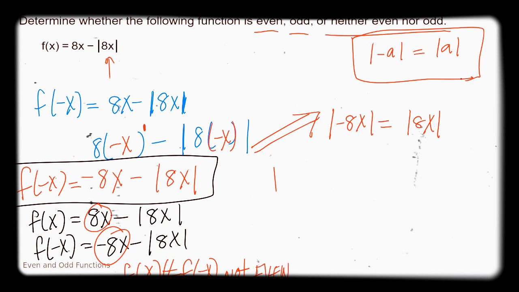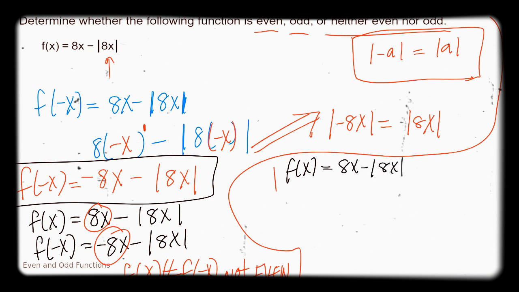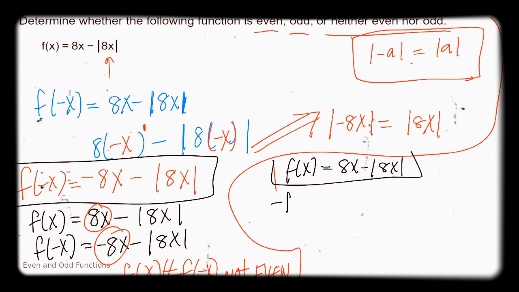So now let's see if it's odd. The way to see if it's odd, we want to take the original function and multiply it by a negative.